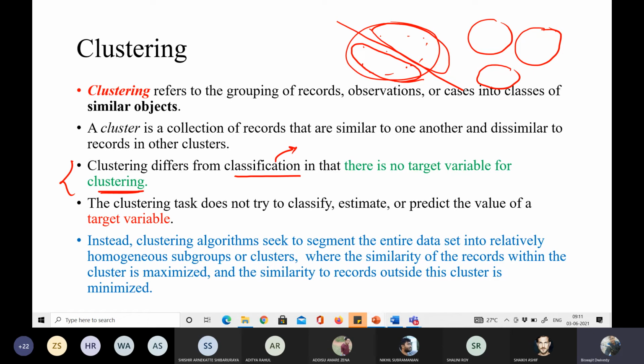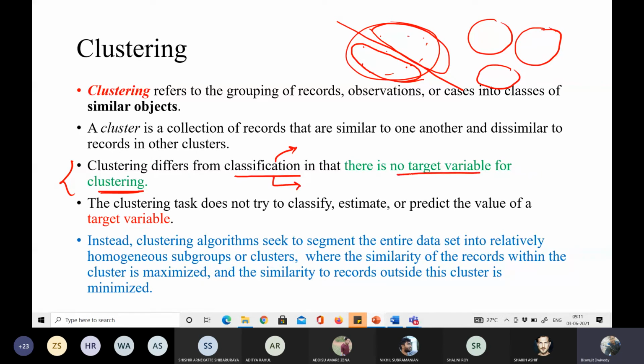We will be choosing some criteria based upon the data set, and based upon their similarity or dissimilarity, we will be splitting them into different categories.